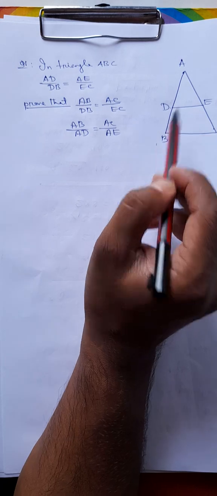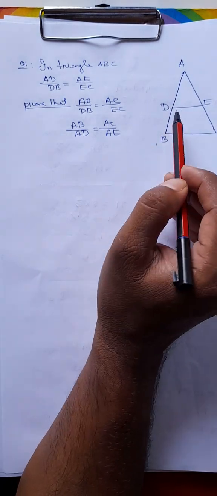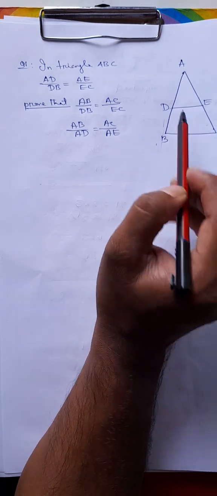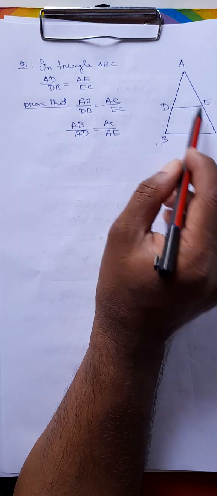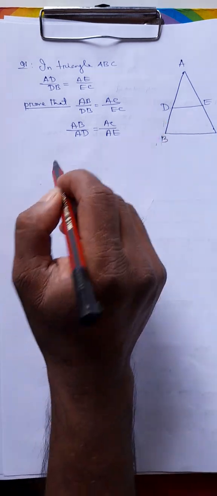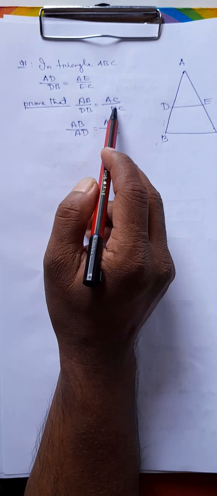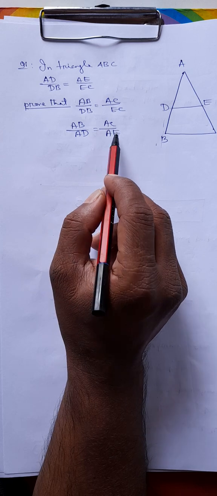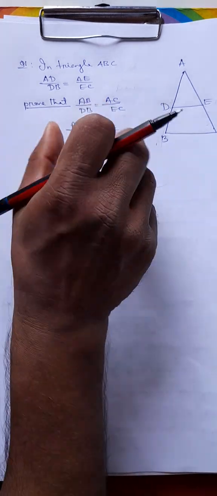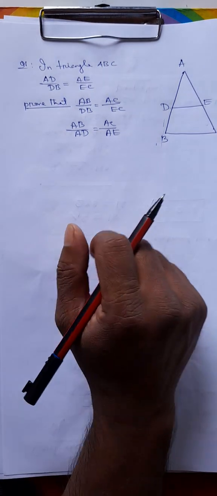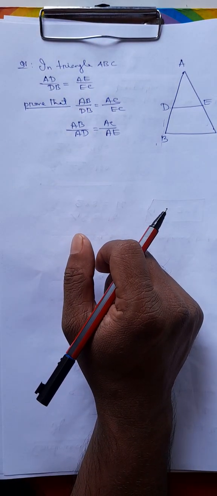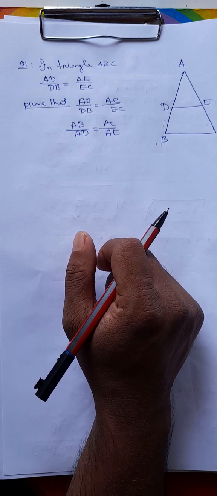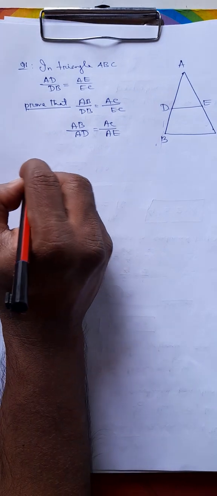This line divides these two sides, AB and AC, proportionately at points D and E. Now prove that AB by DB equal to AC by EC, and AB by AD equal to AC by AE. Now let's try to prove this with the help of the properties of proportion. That means we will try to use alternendo or invertendo, componendo, dividendo, this type of property. So let's solve this.